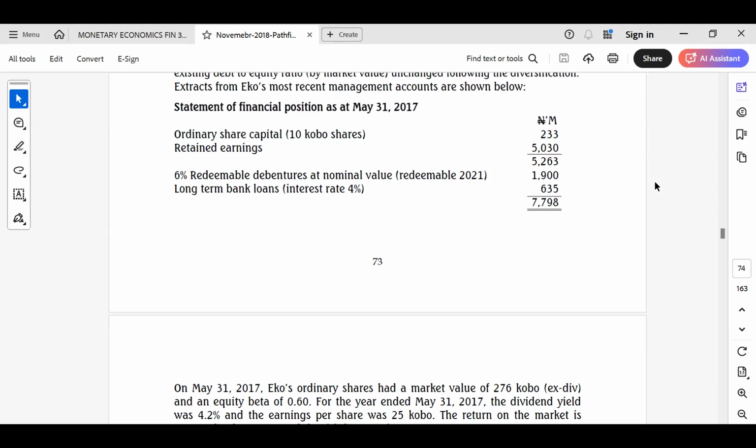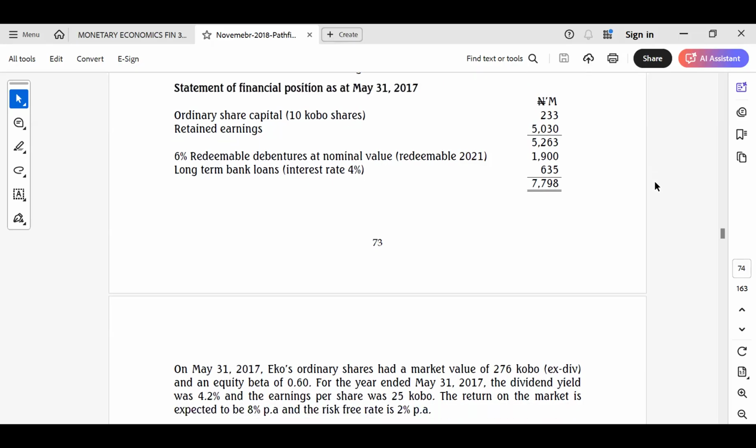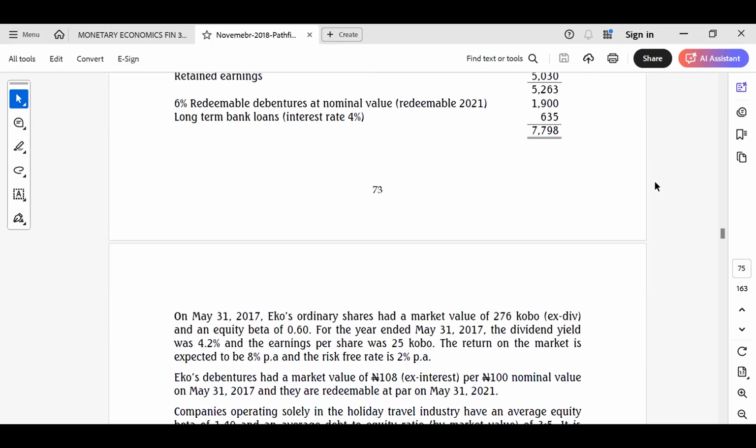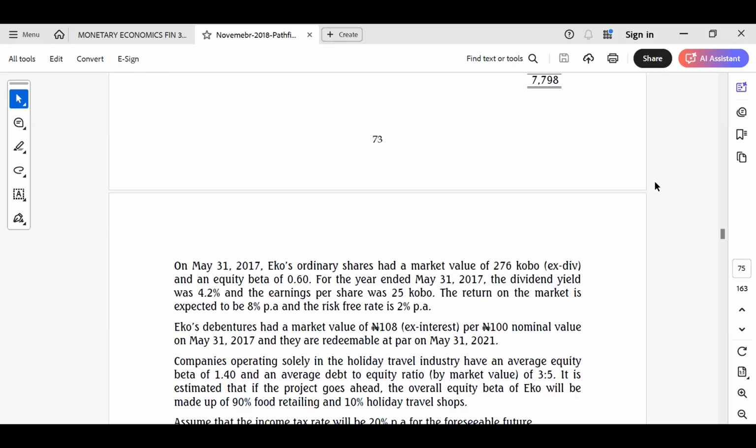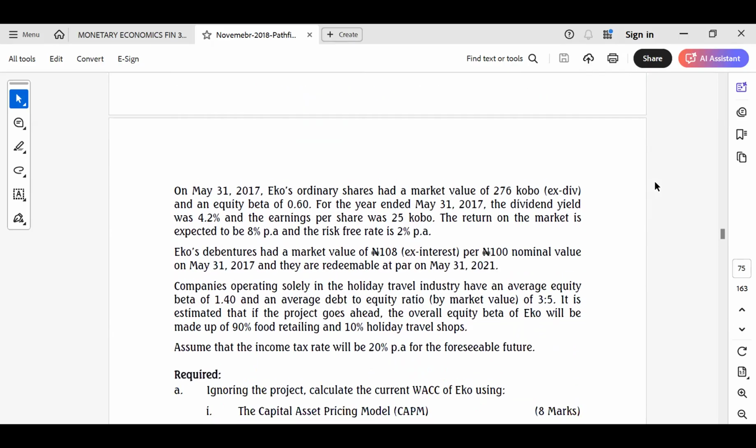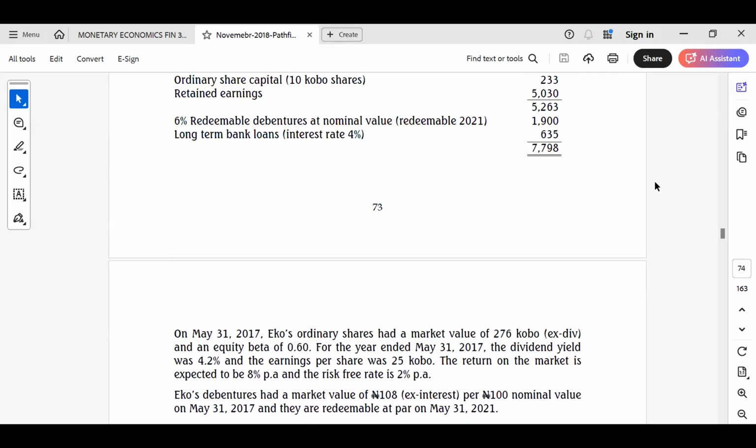We have the 6% redeemable debenture at a nominal value, redeemable 2021, which is 8,900. We have the long-term bank loans, interest rate 4%, at 635.